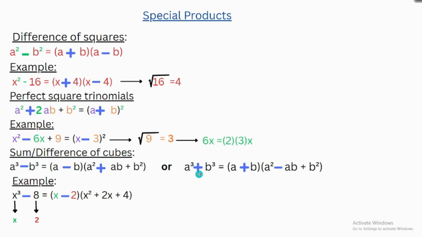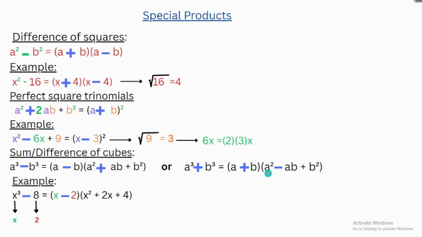This is also the same. A cubed plus b cubed equals two parentheses. The cube root of a, the cube root of b, the same sign. We will take this bracket and make this bracket from it: a squared, b squared.